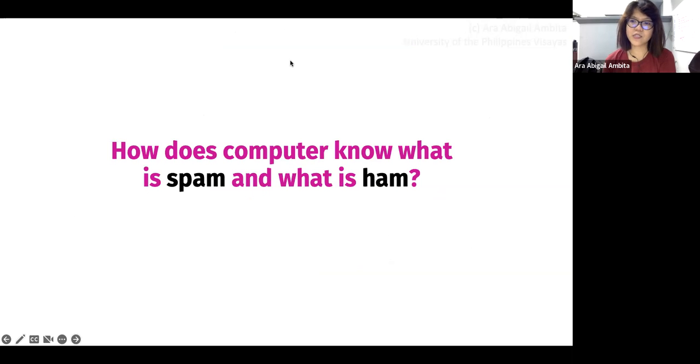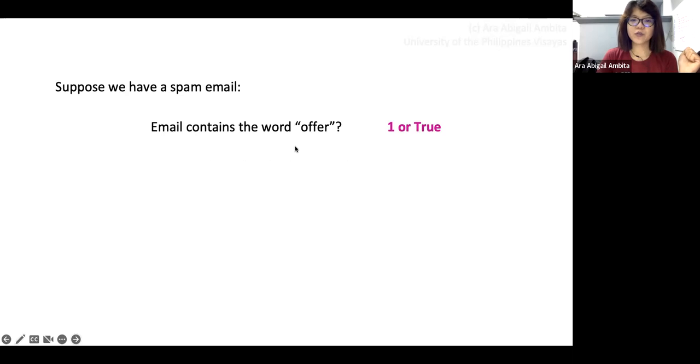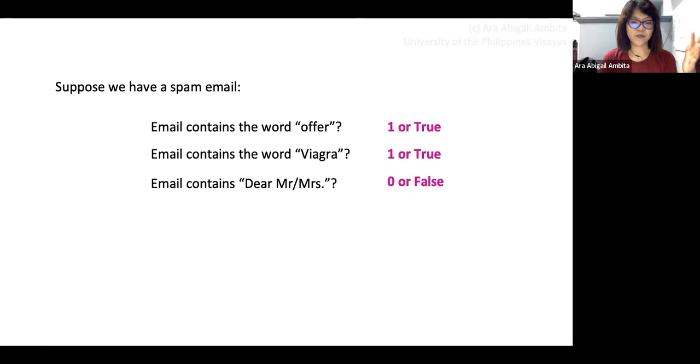So how can we use this bag of words approach to classify whether an email is spam or ham? We are going to use this as the features, or the input to our model, okay? So now, suppose we have a spam email. We are going to check whether words like offer or Viagra or dear Mr. or Mrs. or URL are contained in the email.